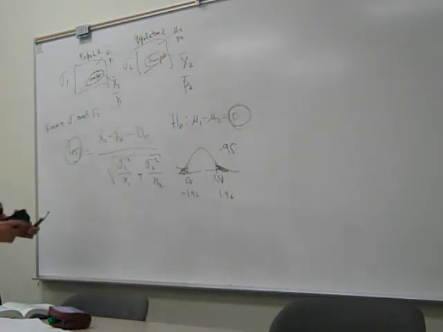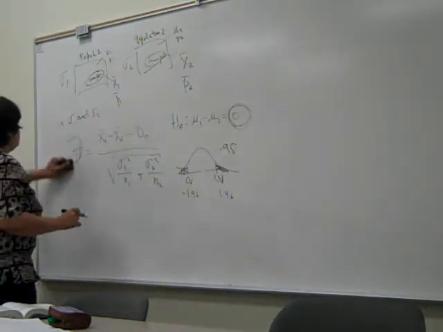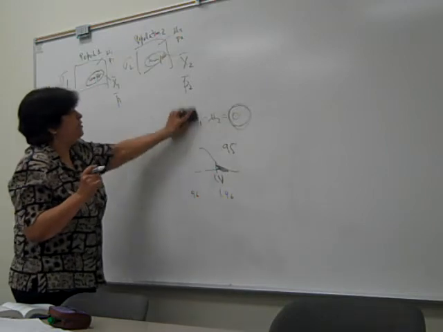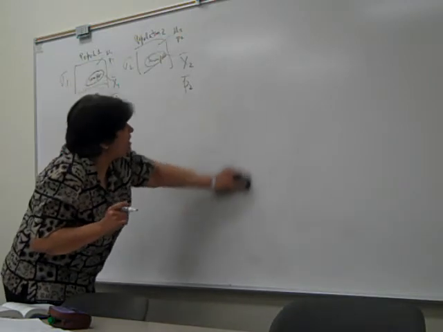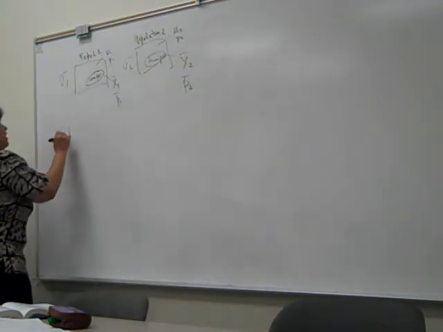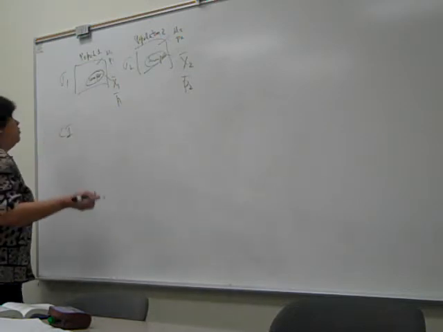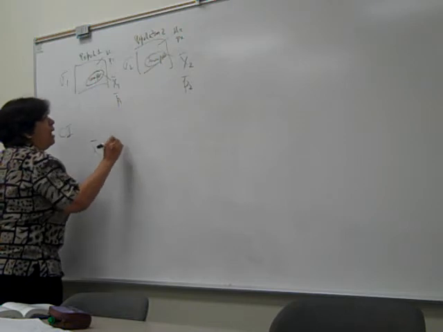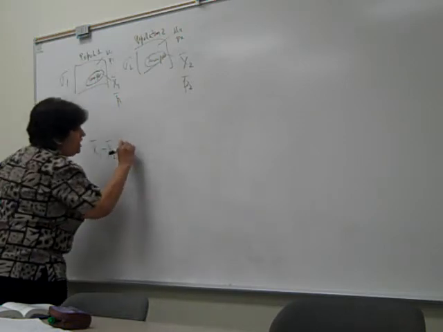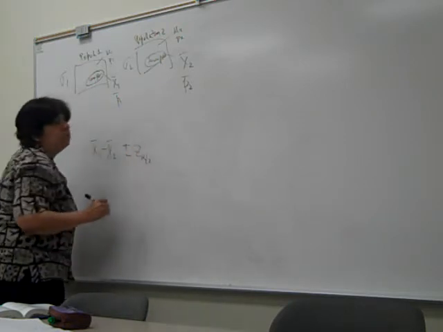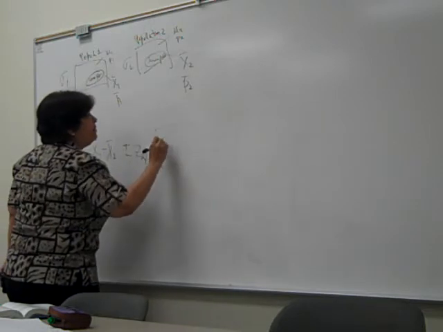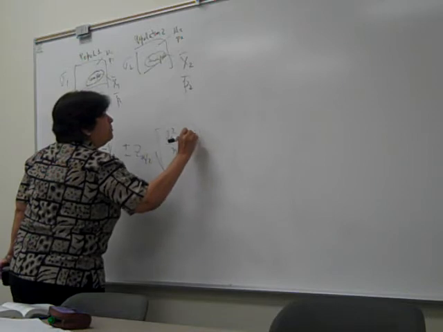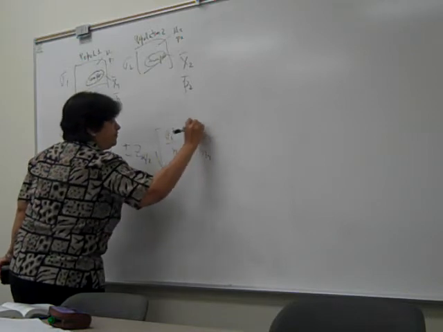That's it. Also, in this chapter, they are dealing with confidence intervals, but it's exactly the same. What is the confidence interval? x1 bar minus x2 bar plus or minus z of alpha divided by 2 times what? The same thing: the square root of sigma 1 squared divided by n1 plus sigma 2 squared divided by n2.